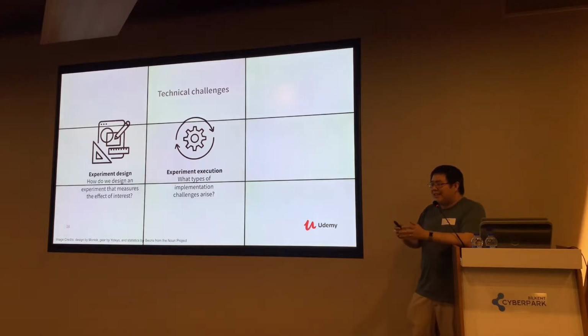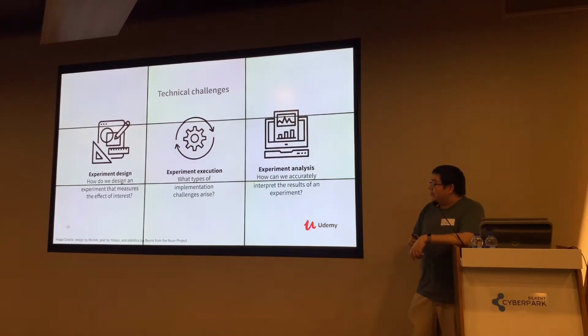Even if you know exactly what you want to do, actually implementing the experiment itself can be very difficult and tricky. It may require a lot of investment in engineering infrastructure to make happen. And the third thing is experiment analysis. Even if you've managed to design a proper experiment, you've run it correctly, analyzing the results is often not straightforward for a number of different reasons. So let's explore each of these areas.